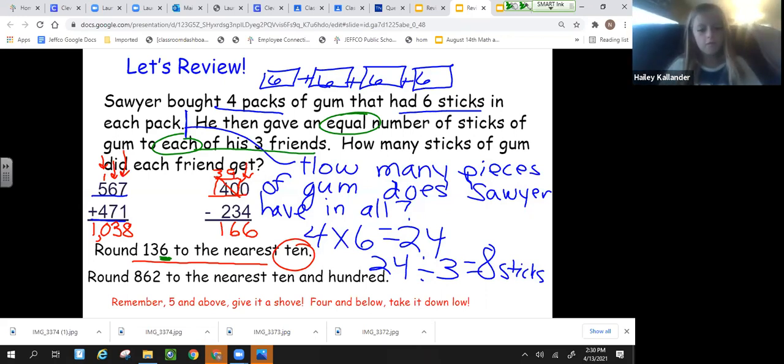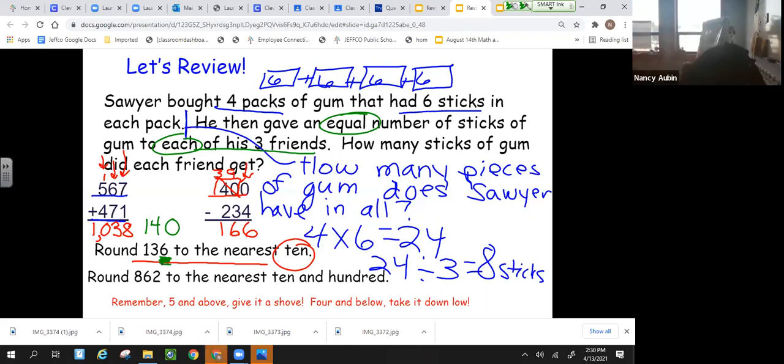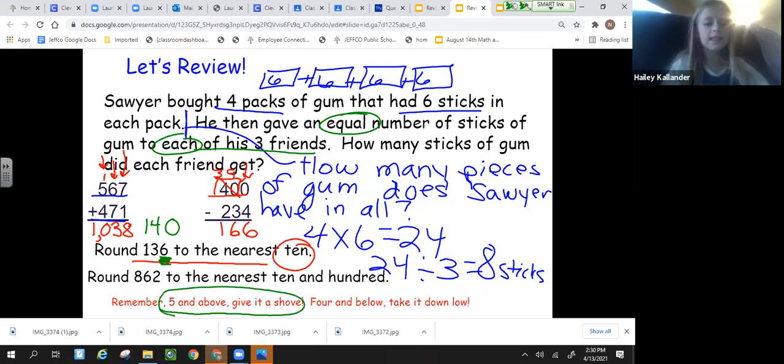For that one, I got 140. Why? Because the 6 is past 5, and if it's 5, it would still be above. So it had to be 40 instead of 30 because there's more of 36. So it's 140.